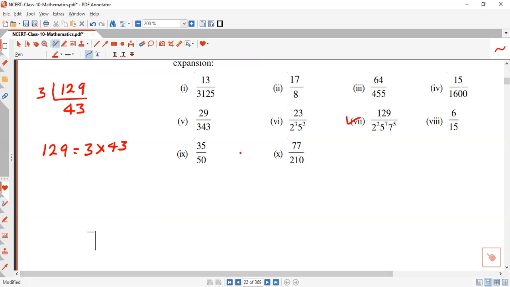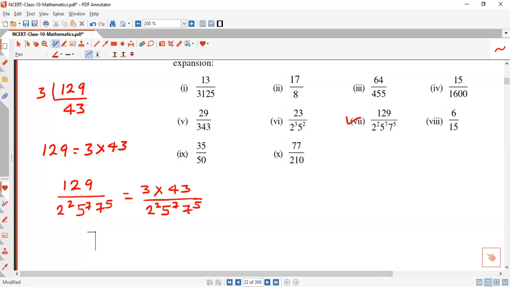So this number can be written as 129 upon 2 squared, 5 raised to 7, and 7 raised to 5, which is 3 into 43 divided by 2 squared, 5 raised to 7 and 7 raised to 5.